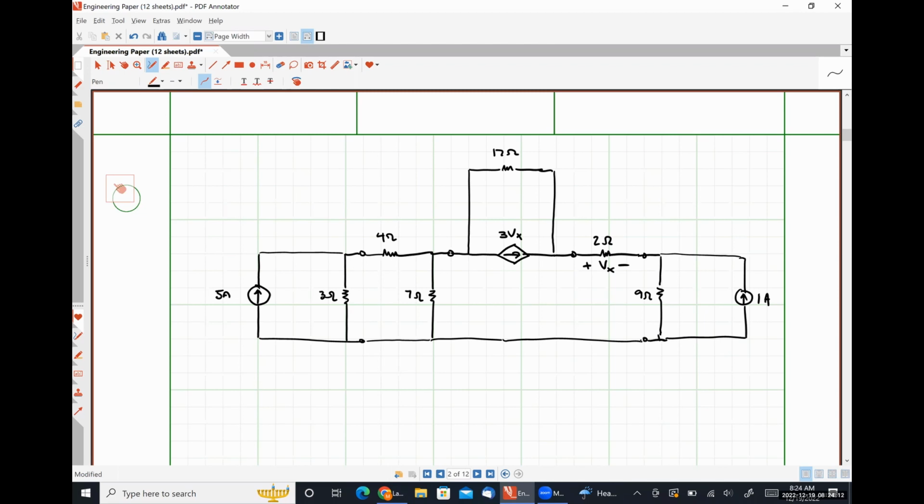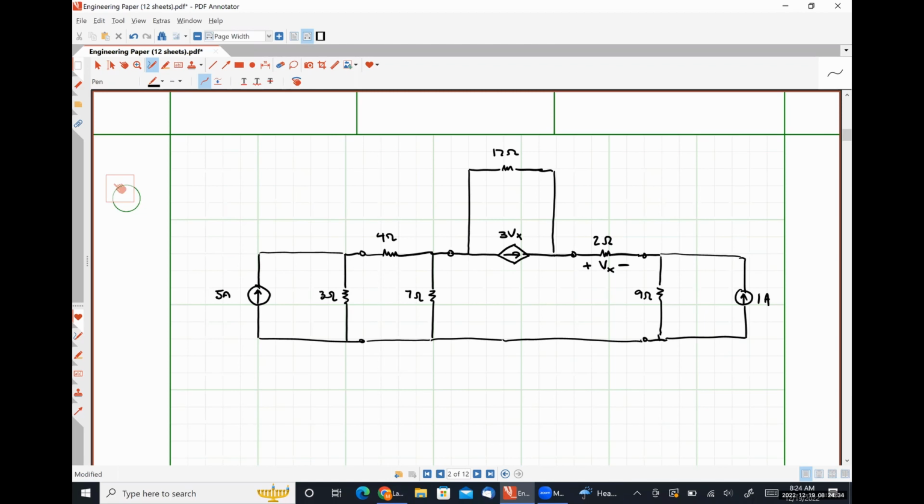Okay. So we can use the source transformation as a tool to simplify this circuit down to something that we could solve using our calculator. Okay, so this isn't going to be something that we can use all the time. This is a special case tool for simplifying a circuit.